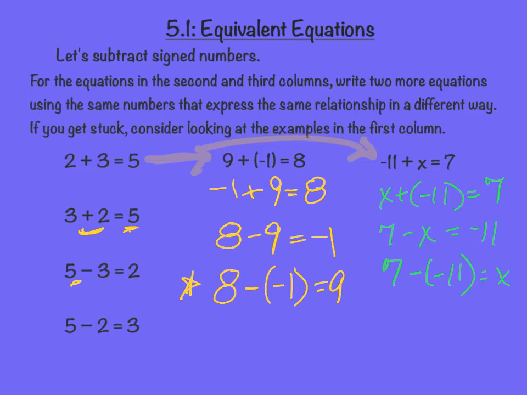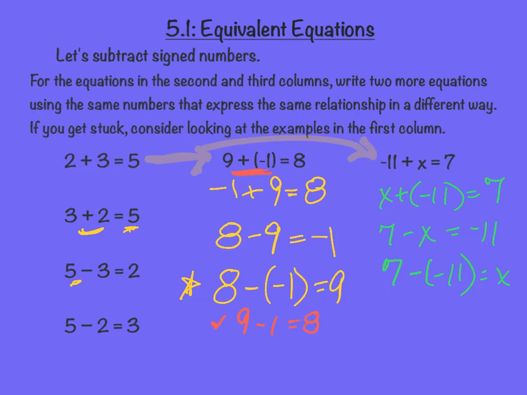I would also propose that there are probably, well, there's definitely a couple more options here. What I would add in for the first column here is I would also say that if I take 9 minus 1, because that's essentially what we're saying here, equals 8. But what's the problem with this one?